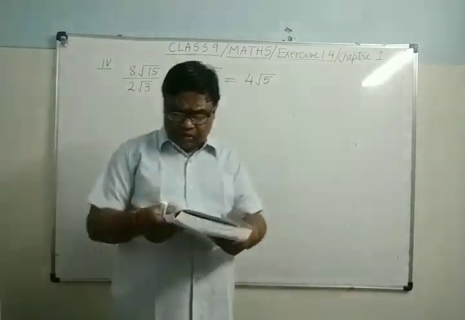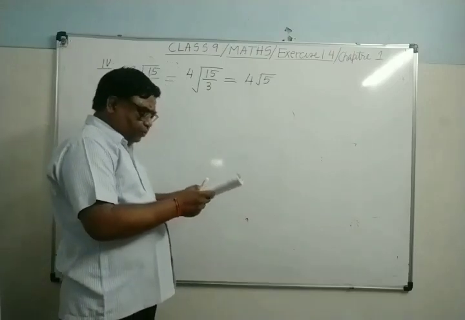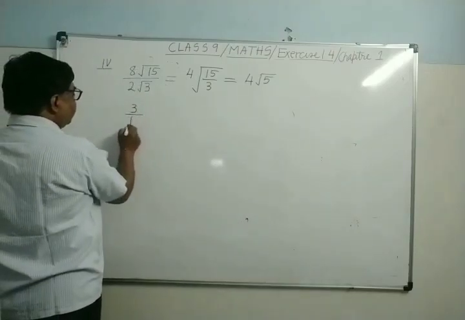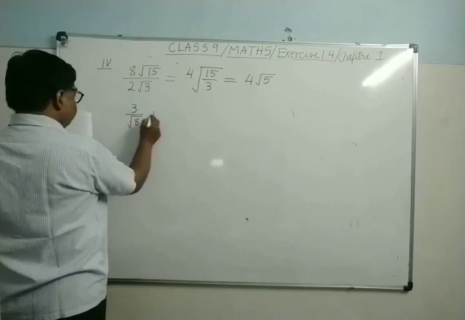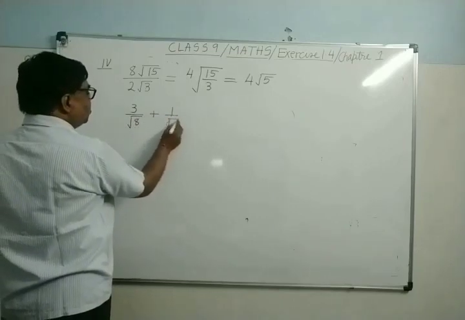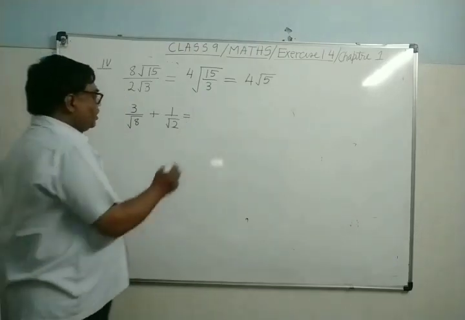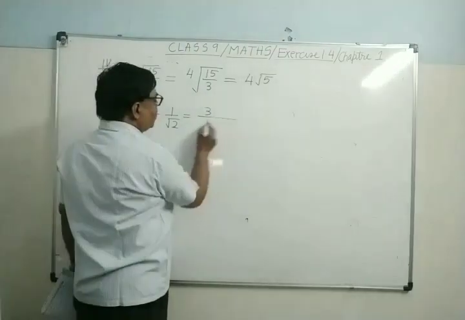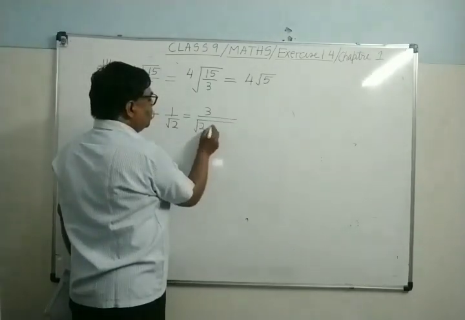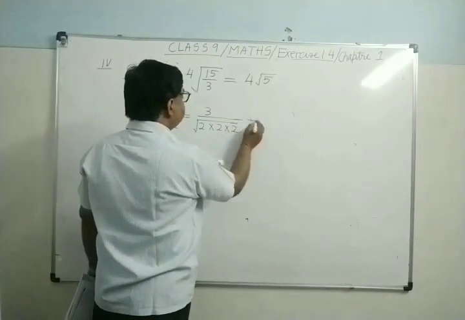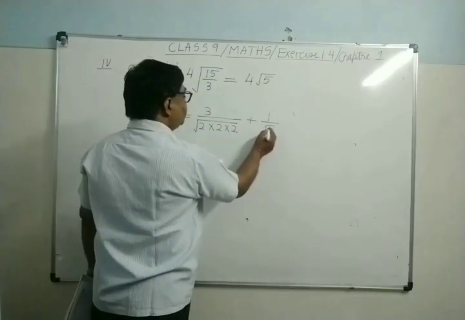Then here sixth part, 3 root 8 plus 1 upon root 2. So you can see here 3 root 8, that you can write as 2 into 2 into 2, plus 1 upon root 2.